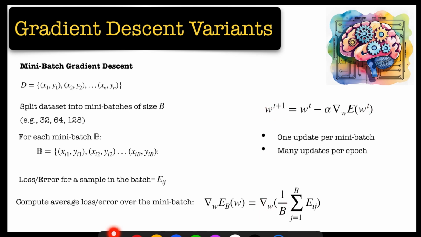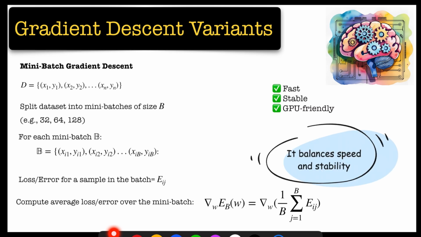So this update is one update per mini batch. We'll have many updates per epoch. What is an epoch? An epoch is going over the whole data set once. If we have divided the data set into multiple batches, then we'll have multiple updates per epoch. Now, this is very fast, stable and GPU friendly.